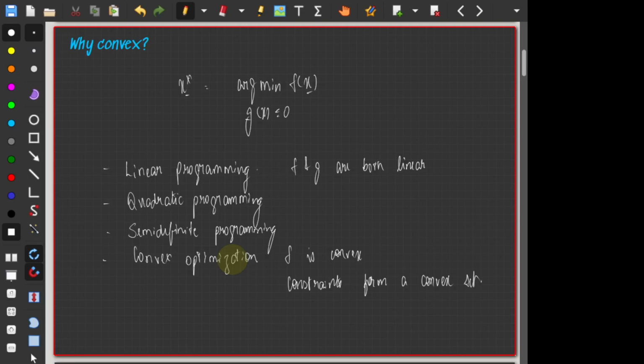There are various other subclasses of convex optimization problems that can be solved efficiently, and we'll see the basic mathematical principles underlying each of those. Some of these tools that we develop are useful not just in convex optimization problems, but also in a variety of other fields. So it always helps to get a basic understanding of all of these.